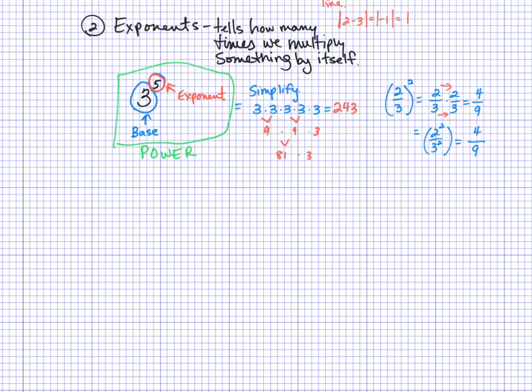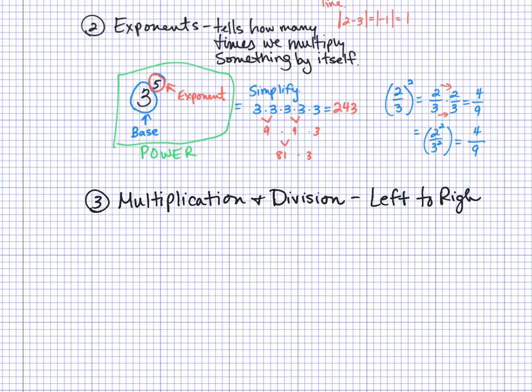Moving on, after we perform the exponents, we're going to do any multiplication and division. And if there's more than one multiplication and division in a problem, you're going to work left to right.